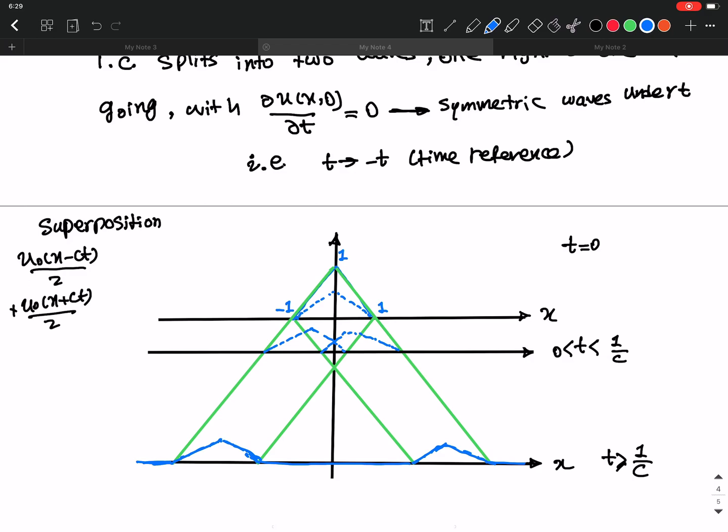These are going to superpose. We have to superpose these two waves, and so what we get is something like this. The solution here would look like this blue line that I am drawing. Okay, and the solution here is this one.